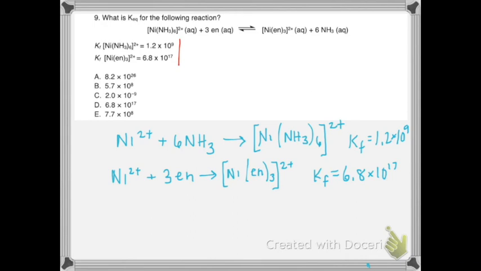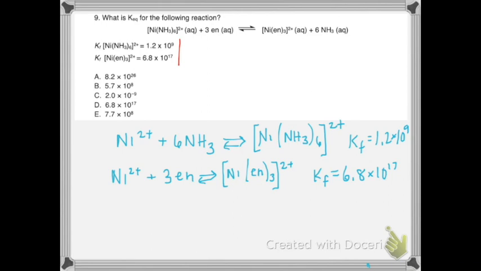Okay, and it's important to remember that Kf stands for K of formation. So these are the equilibrium constants for when we form these species. So, for the first Kf, we'd have Ni2+ reacting with the 6 ammonia to create that nickel ammonia complex.